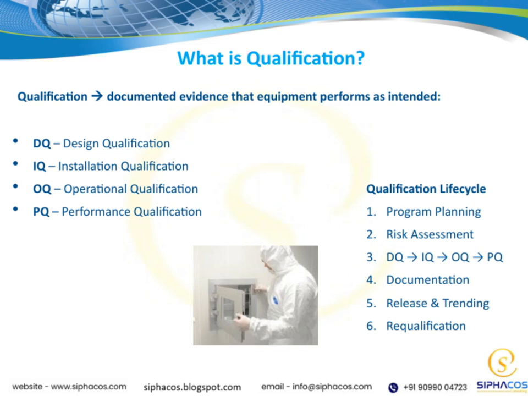Operational qualification, or OQ, tests that the equipment operates properly within its specified parameters. And performance qualification, or PQ, proves that the equipment consistently produces the desired results in actual operational conditions. All these steps are interconnected and essential for maintaining quality and compliance throughout the life cycle of the equipment.